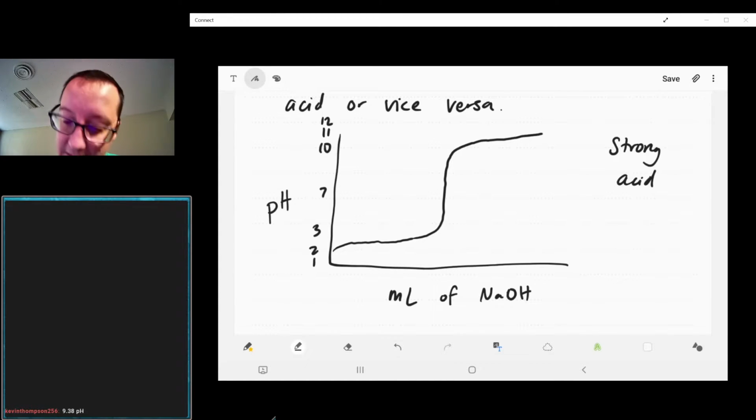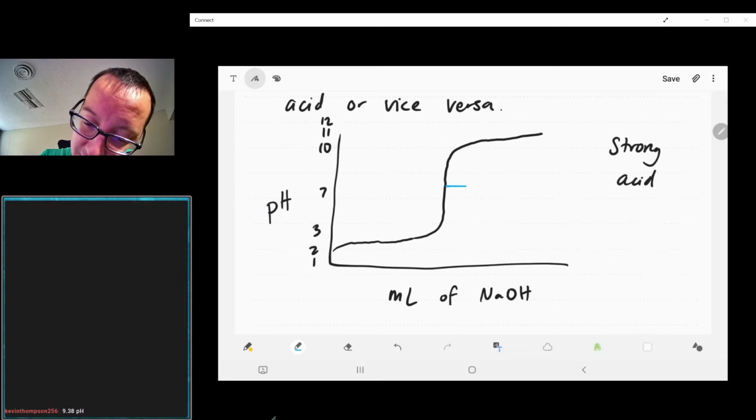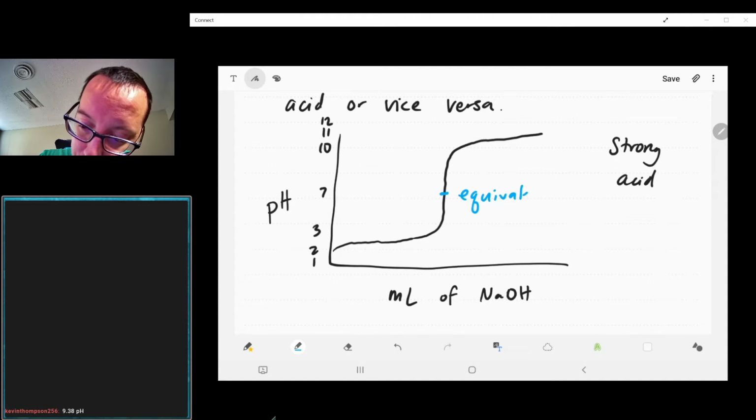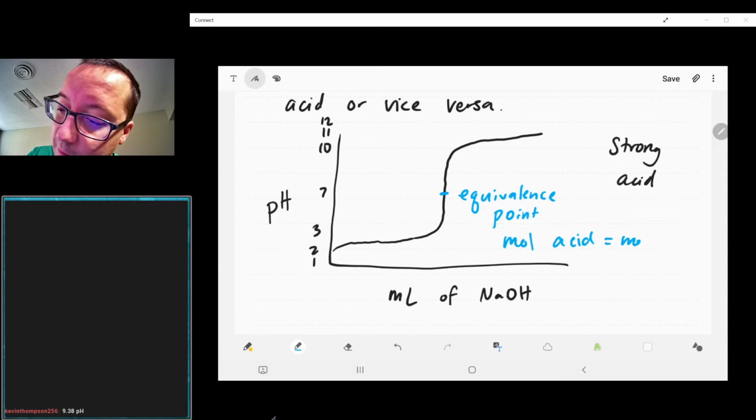And we're going to see that once we've added an equivalent amount of base to our acid, we have what is called the equivalence point. And that's going to tell us when moles of acid equals moles of base.